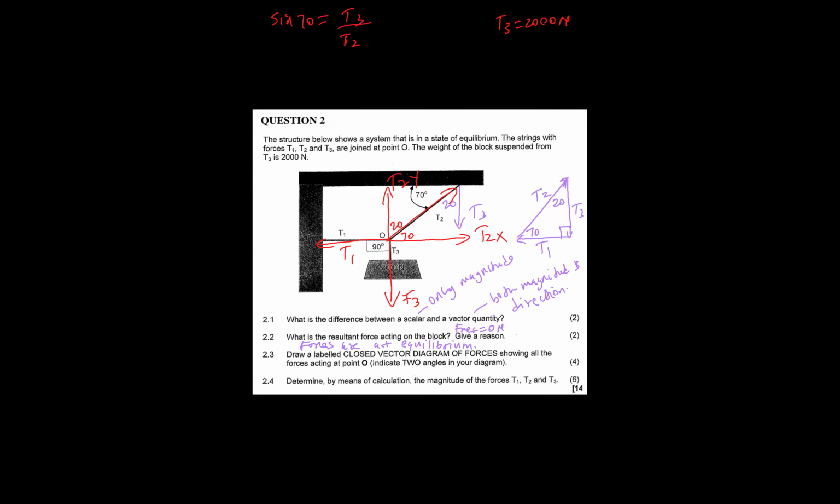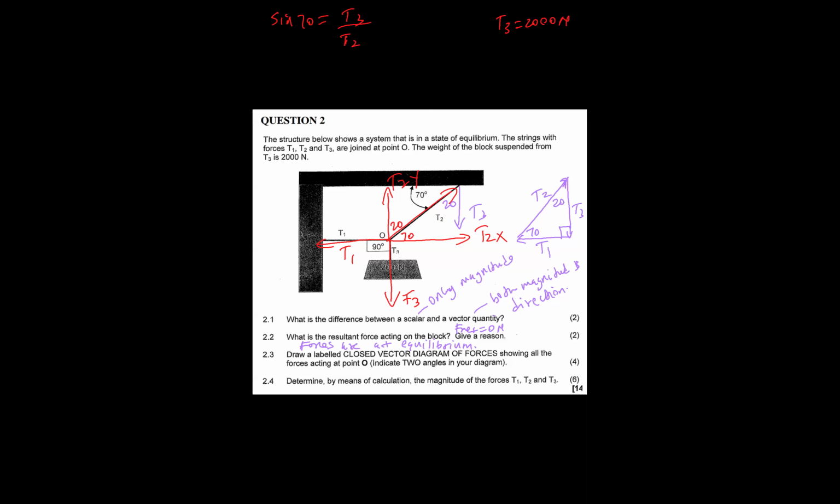Our hypotenuse is T2. Our opposite is T3. From grade 10 trig ratios: sine is opposite over hypotenuse, tan is opposite over adjacent, cos is adjacent over hypotenuse. Hypotenuse is the longest side.